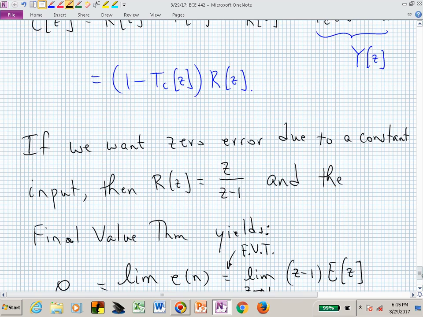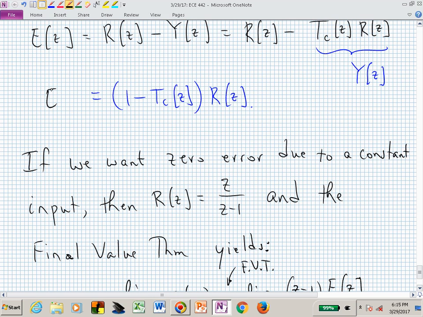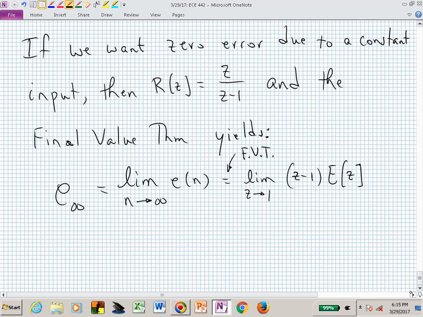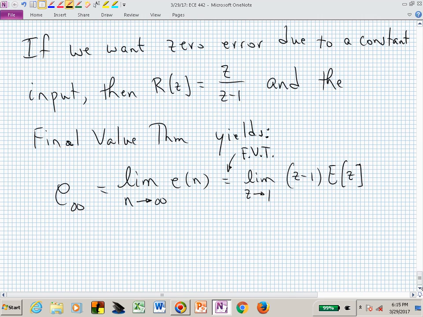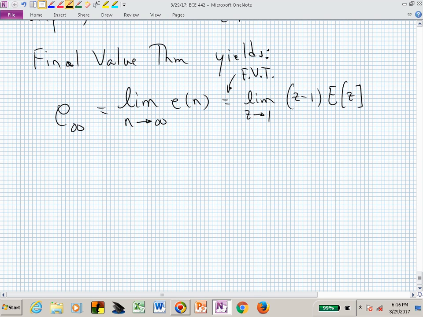But we have an expression for capital E of z in terms of r and 1 minus t sub c of z from before. So that now this e of infinity is equal to the limit as z goes to 1 of z minus 1.